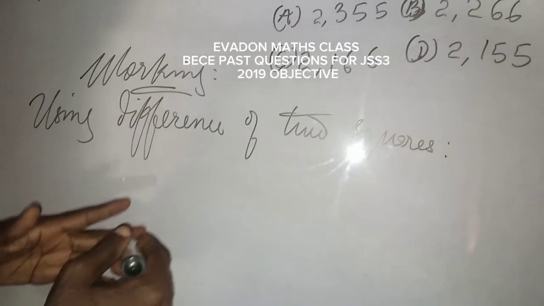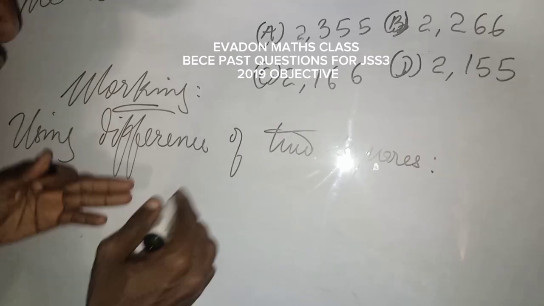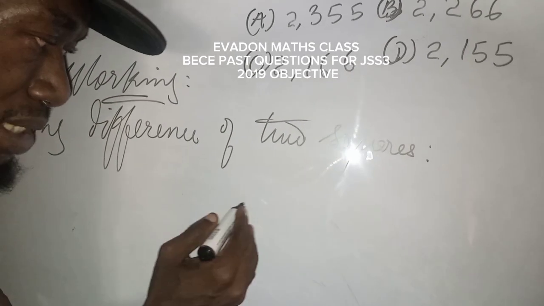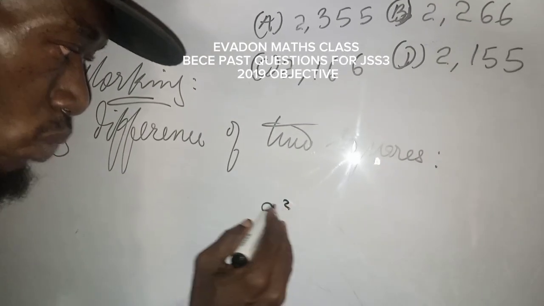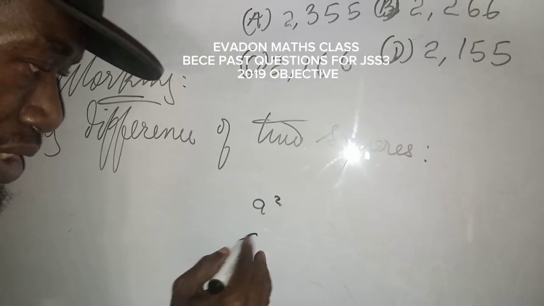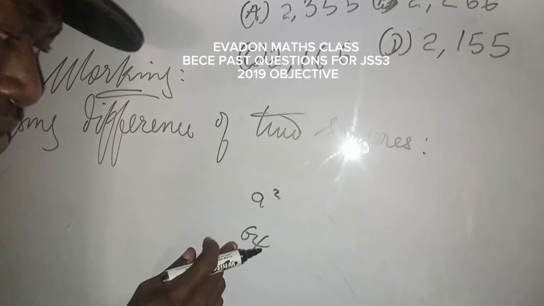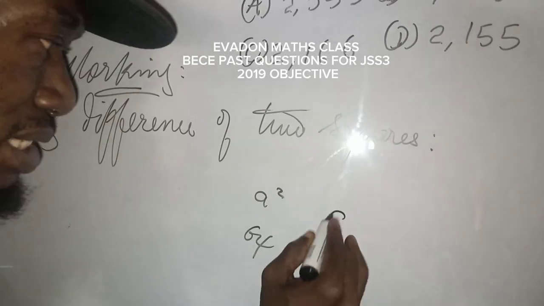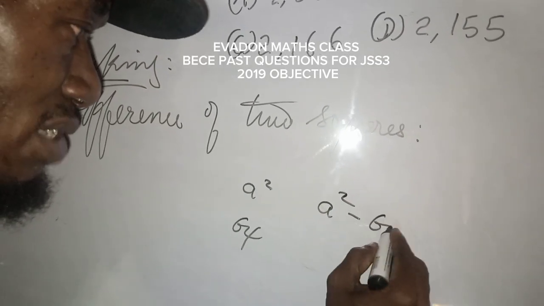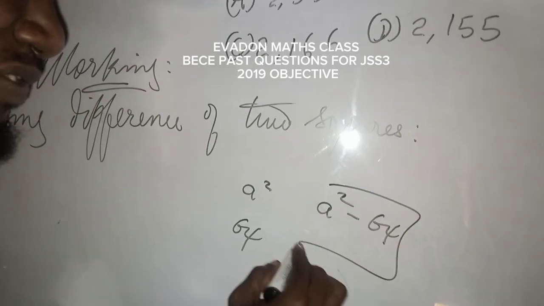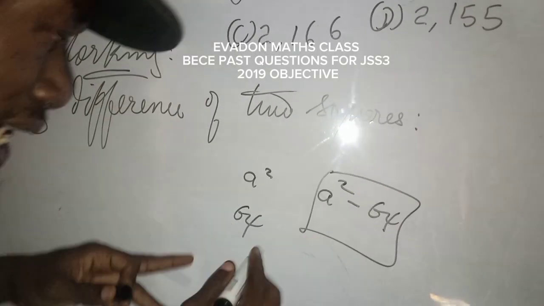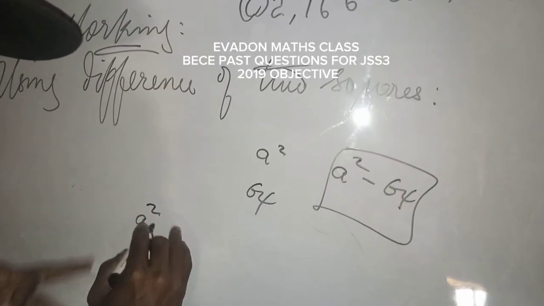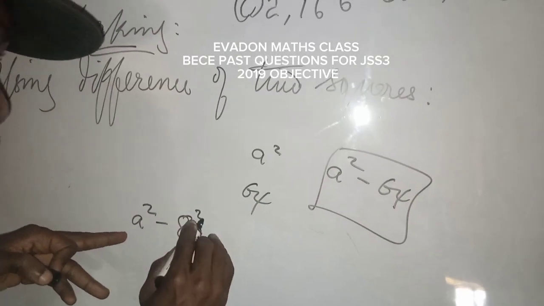What are perfect squares? Perfect squares are the result we get when a number multiplies itself. When a multiplies a, it gives me a squared, so a squared is a perfect square. 64 is a perfect square, because when 8 multiplies itself, it gives me 64. Meaning, if I say a squared minus 64, this is difference of two squares. I can as well say a squared minus 8 squared.